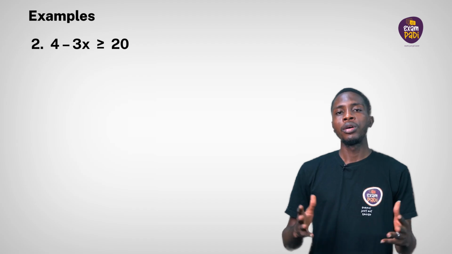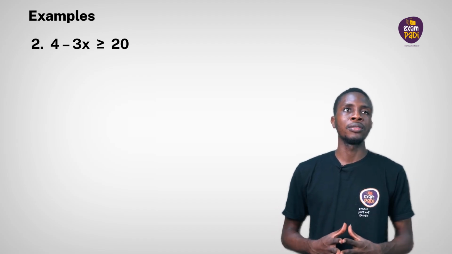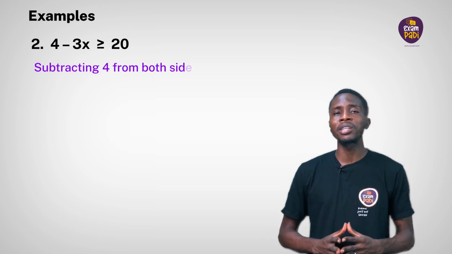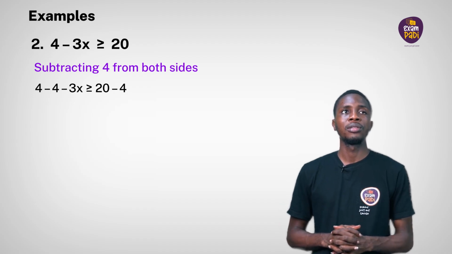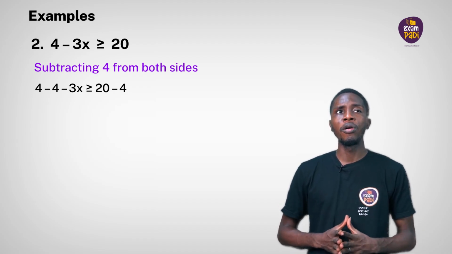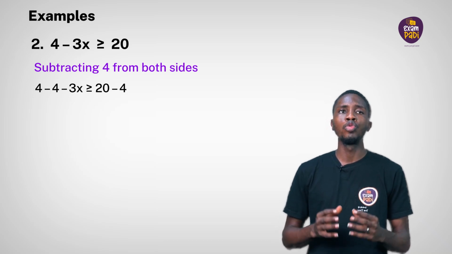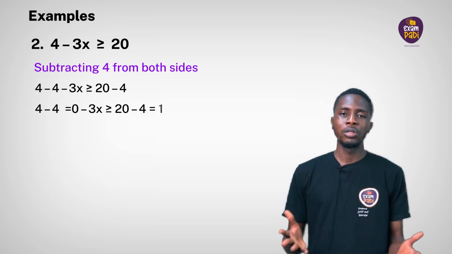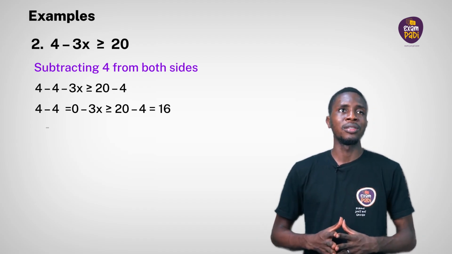2. 4 minus 3x greater than or equals to 20. The solution to this problem begins with subtracting 4 from both sides or collecting like terms. 4 minus 4 minus 3x greater than or equals to 20 minus 4. 4 minus 4, 0. 20 minus 4 gives 16.